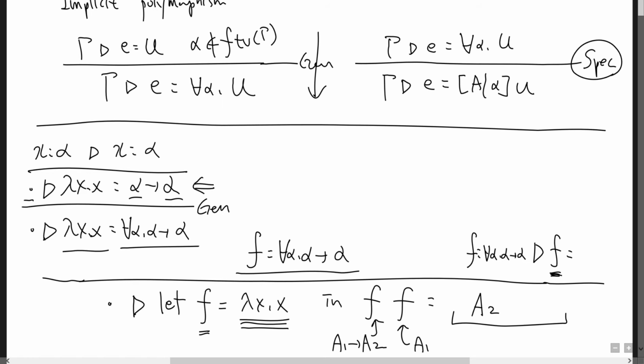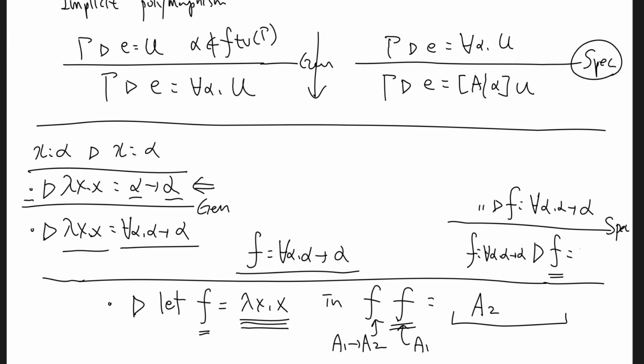So the conclusion here is the second f must be given a monotype, not a polytype. You don't want to leave for all alpha, alpha arrow alpha here. You have to specialize it to turn it into a monotype. So under the same typing context, f has this polytype, and it's time to apply the specialization rule.